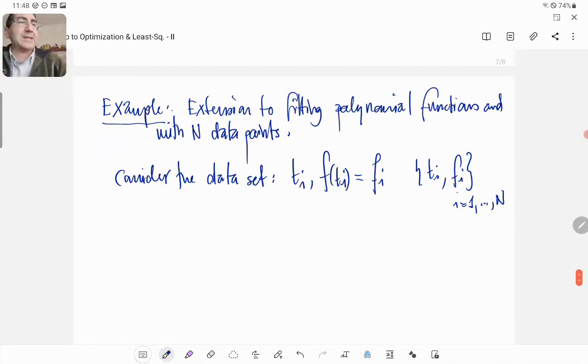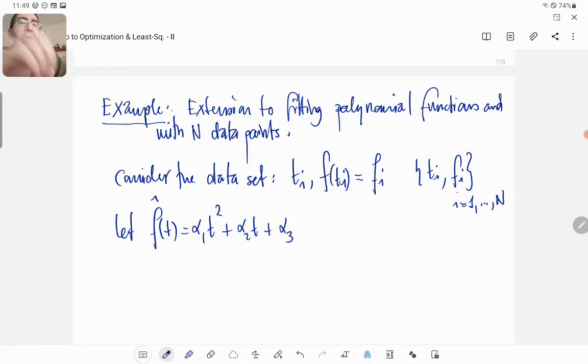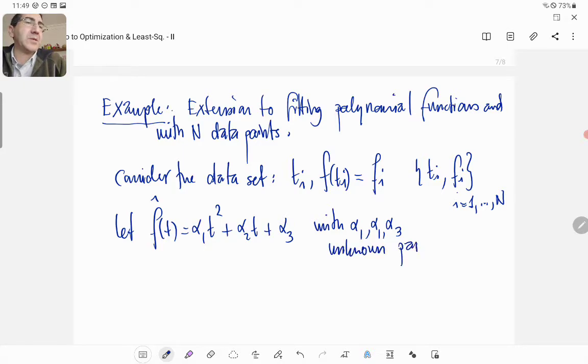Now let's say that we have an approximate function f cap of t equal to alpha 1 t squared plus alpha 2 t plus alpha 3. Since this is a quadratic function rather than a line, now we have 3 unknown parameters: alpha 1, alpha 2, alpha 3.